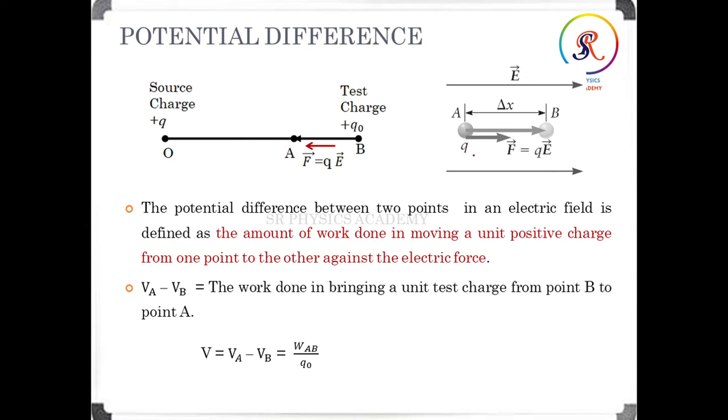Here a point charge Q in this region experiences an electric force given by F equal to QE. Let us assume that the charge moves from point A to point B, and the distance is delta x.